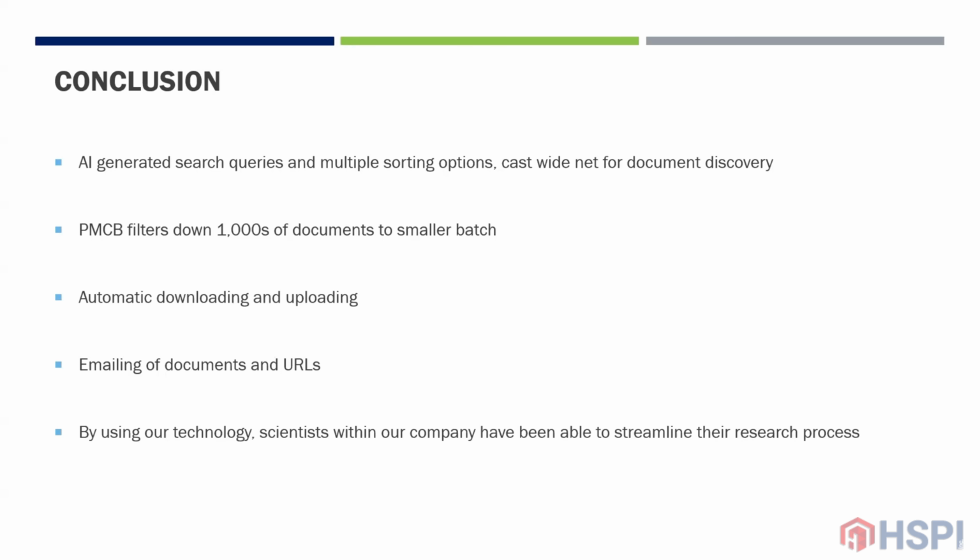For example, our CEO was trying to extract information across, I think it was like 300 documents, just abstracts, looking for PK characteristics and stuff like that. He was trying to use ChatGPT to do it, and it just wasn't working.